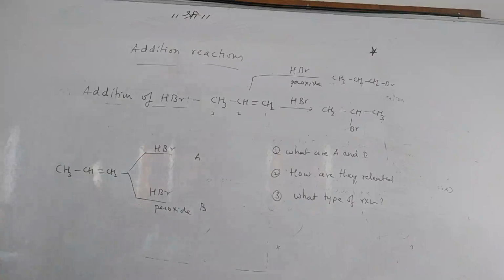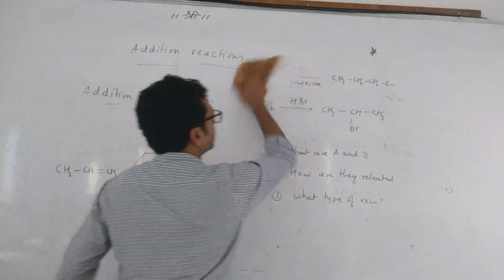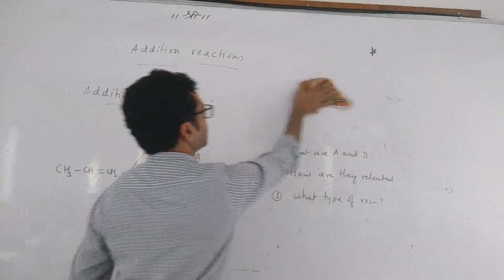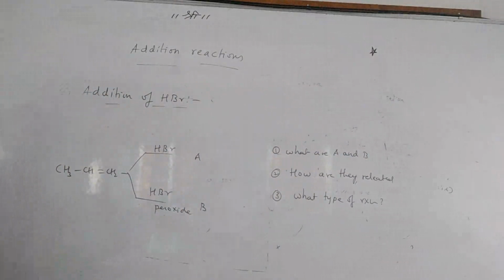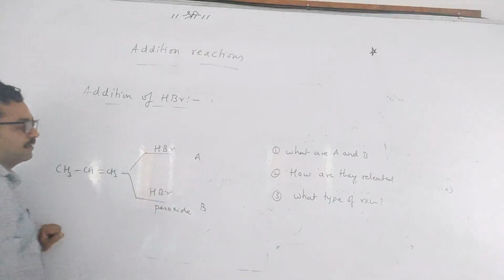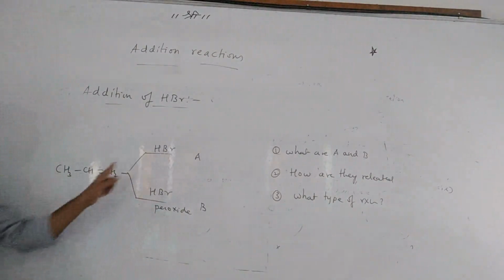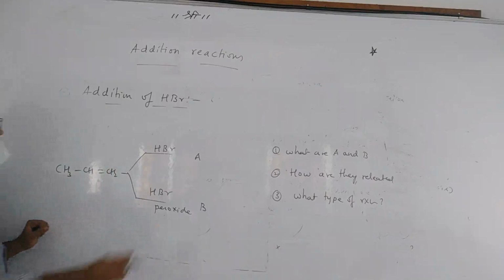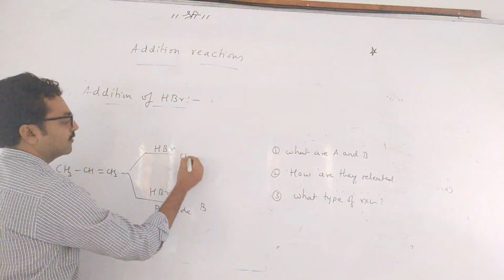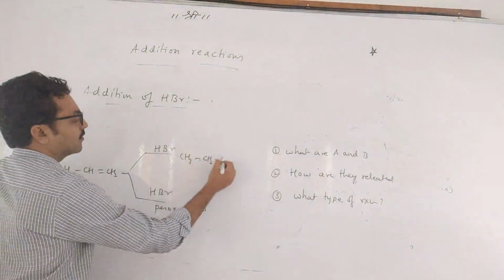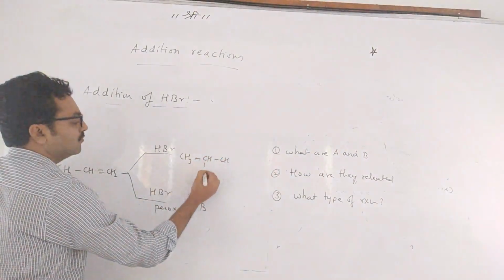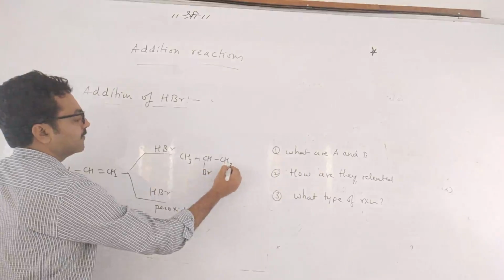Understanding? So what are the products formed? The first question. Br will come at the carbon with less number of hydrogens. So you will get 2-bromopropane. You have to say.